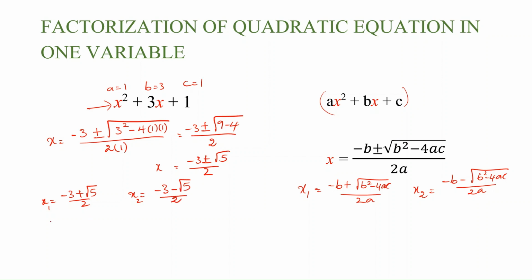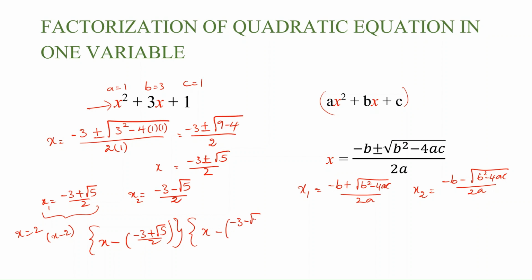To write it as factors, when x is equal to 2, the factor would be x minus 2. In a similar way, here x minus of minus 3 plus root 5 upon 2. This is one factor, and coming to the second factor, x minus of minus 3 minus root 5 upon 2.